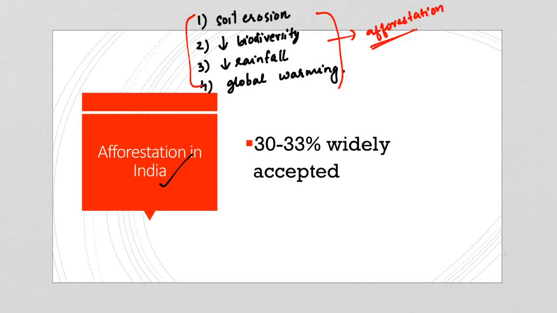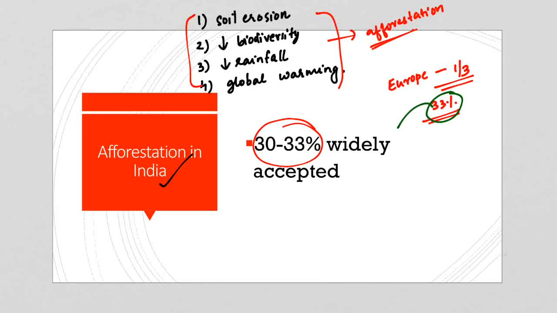During the colonial period, the forest cover in Europe was estimated to be around 1/3, that is around 33%. An afforestation rate of 30 to 33% became the widely accepted minimum for civilization. India adopted this strategy of creating at least 30 to 33%, around 1/3, of forest cover.